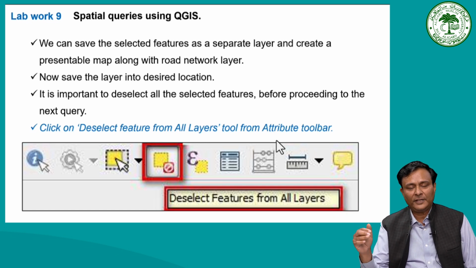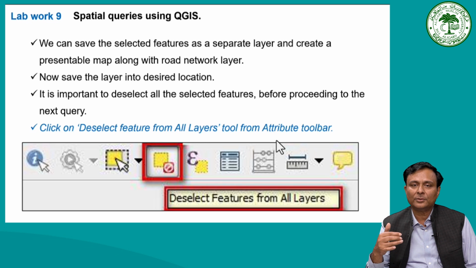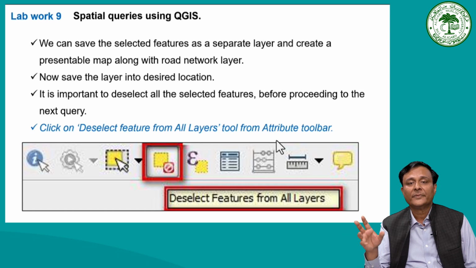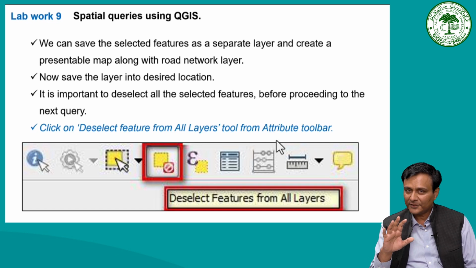So when we are saving it as the product of our spatial query, we should be deselecting, disconnecting from the original data. So then this data would be linked only to the newer relationship, the newer shapefile which we have created out of our original data. So that is very important.